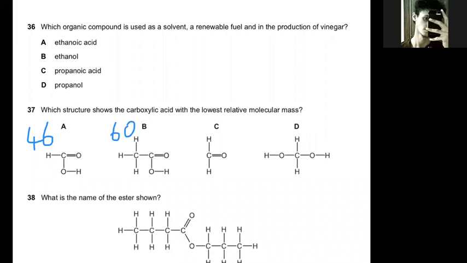Then 60. So C has the lowest relative molecular mass, so C is the correct option.